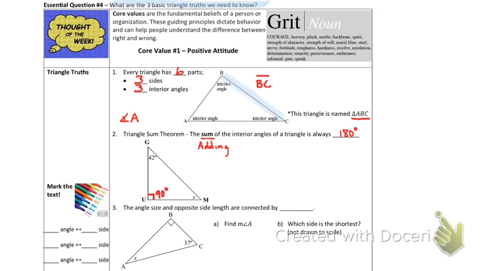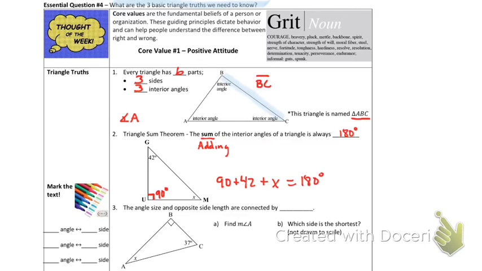Looking at this triangle, I'm going to add 90 plus 42 plus x, and that all equals 180 degrees. Now to solve this, we simply solve for x.